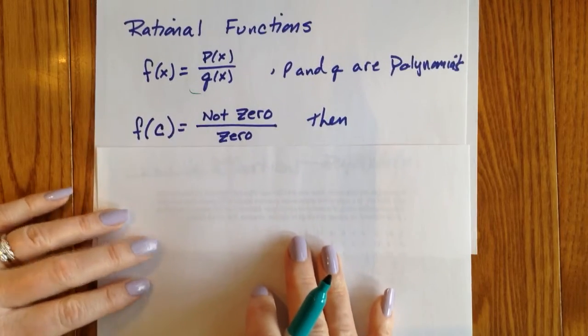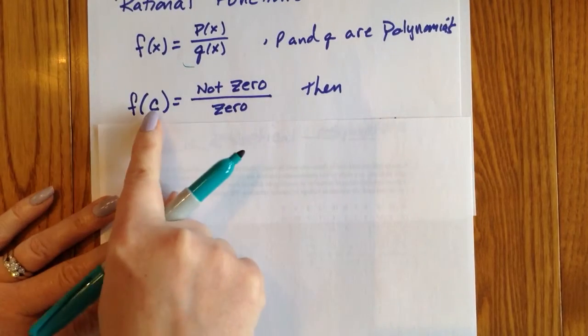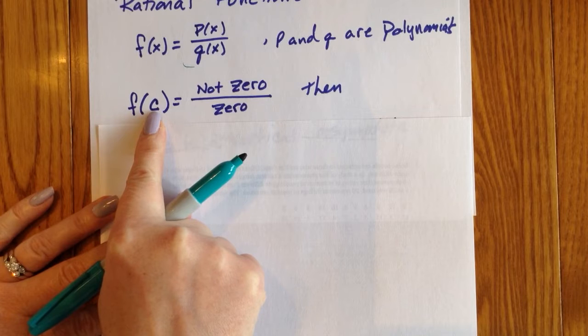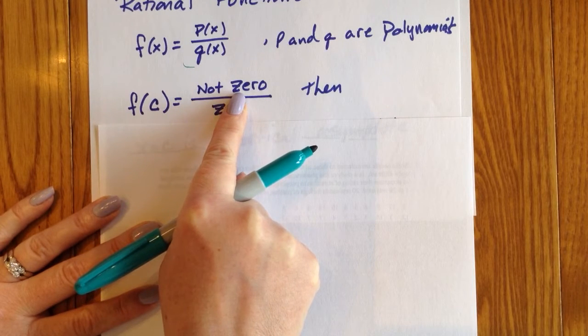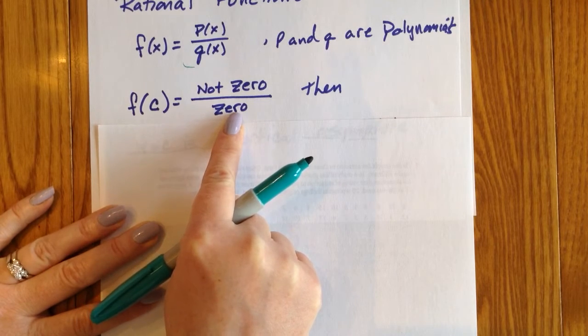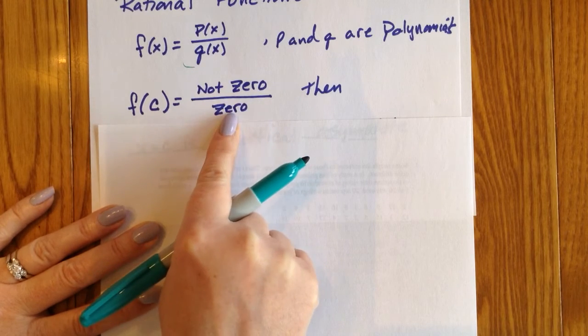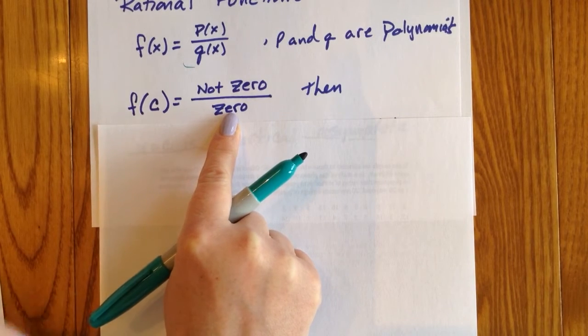So let's look at a definition. Totally forgot what came next. All right, so here's the idea. If I can fill in a number into this rational function, and as a result of plugging in the number, the numerator is not 0, but the denominator does become 0, and we know we're not allowed to divide by 0, that's going to cause a discontinuity, but it's a specific kind.